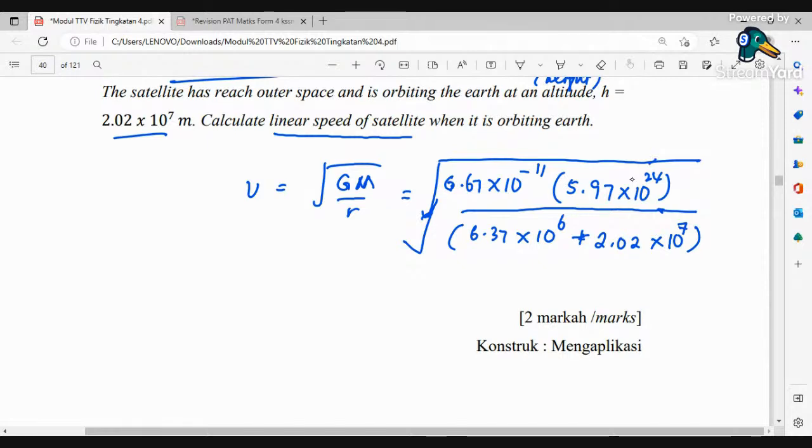So you will get the answer in meter second negative 1. So this one is the linear speed or orbital speed. The formula is just a bit different from escape velocity, so don't get confused.